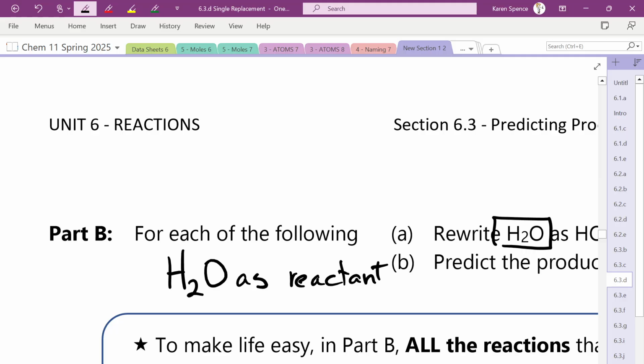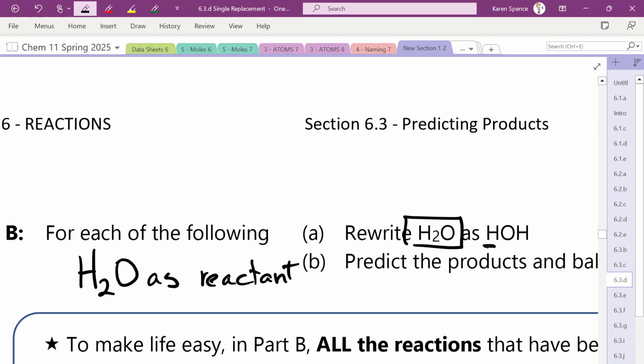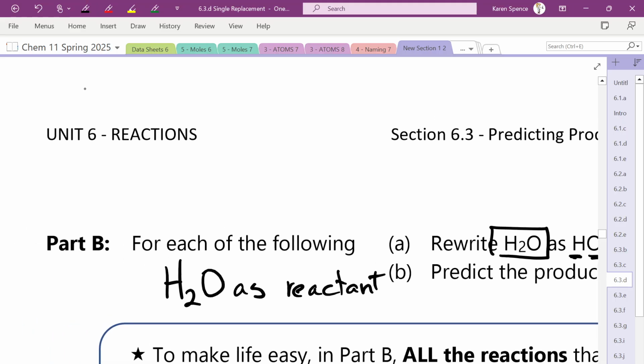So if we're doing single replacement and we have water as a reactant, we are going to rewrite water as HOH, and we're going to balance the H's and the OH's separately.